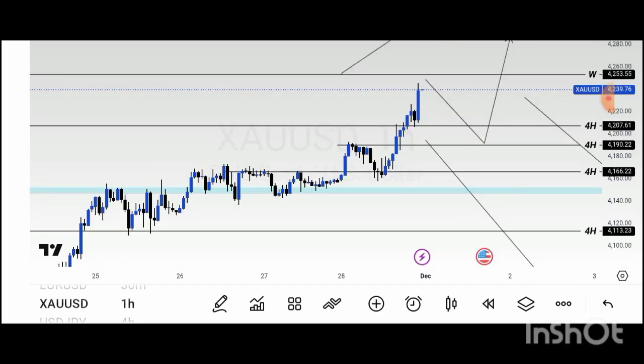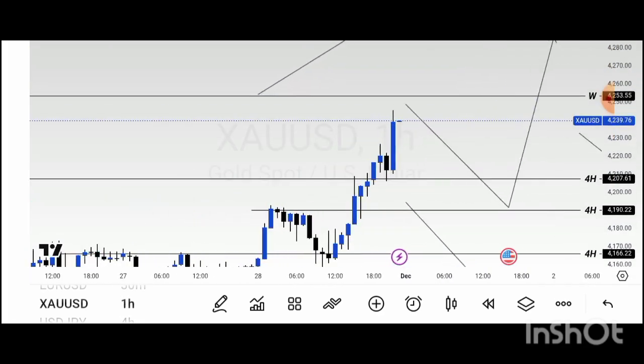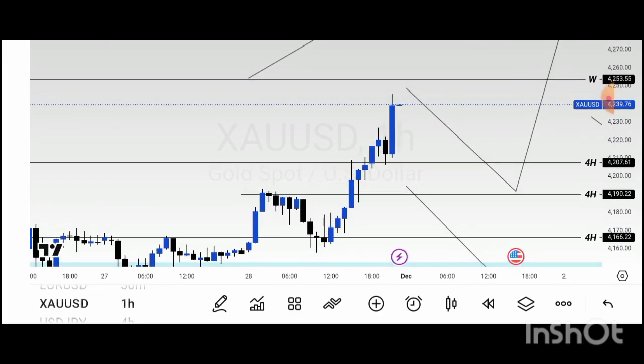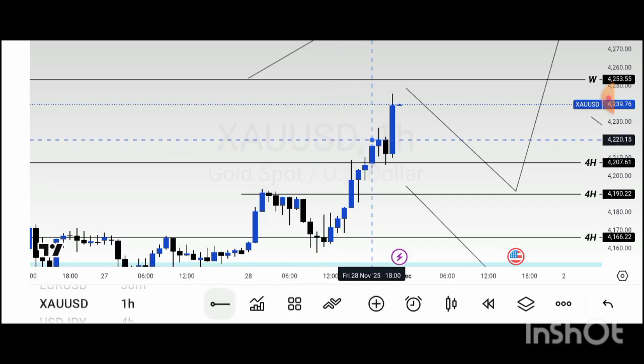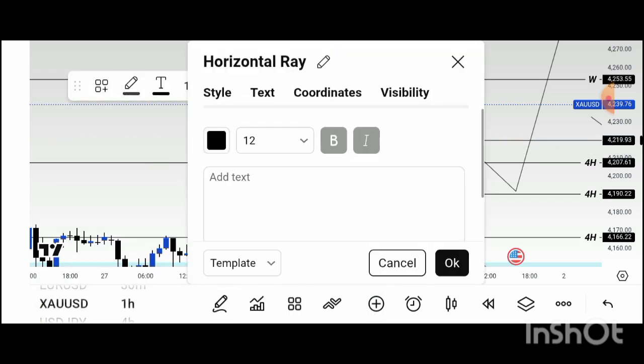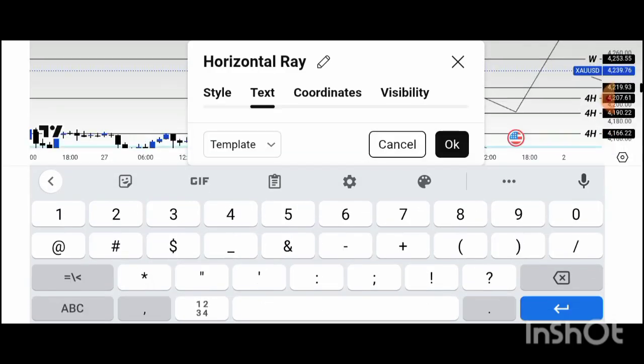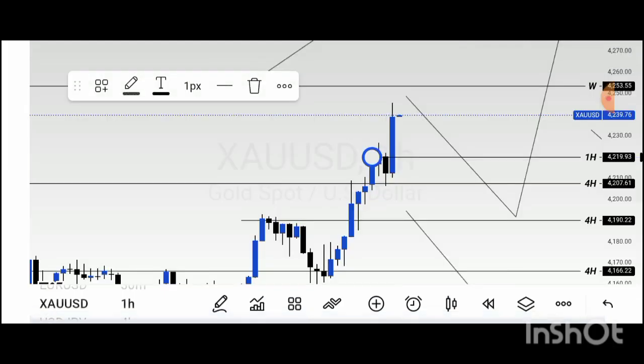What about the 1 hour time frame? What's my take? You can see that gold has a recent high on this time frame here. So this is a recent high here. You can tag it 1H right there.